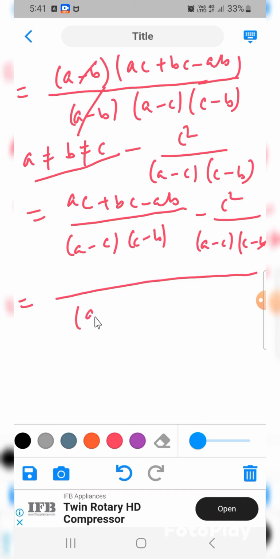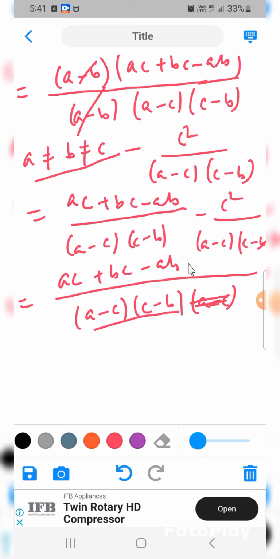There it will be A minus C, C minus B, and here we will get A minus C and C minus B. So we have to take these two factors, then we will get AC plus BC minus AB minus C square.